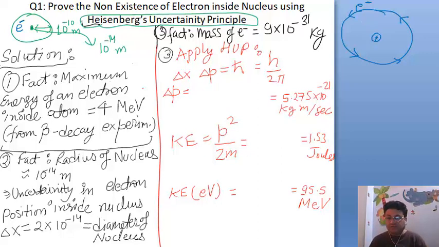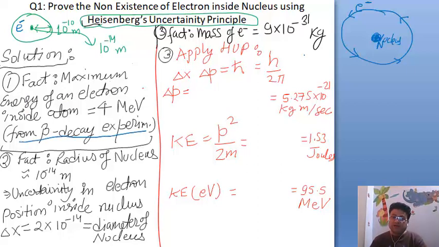Now we are being asked to prove that this electron is not inside this nucleus, the center part. So how are we going to do this when we cannot see the electron or the nucleus? Okay. So we have some facts from beta decay experiments.